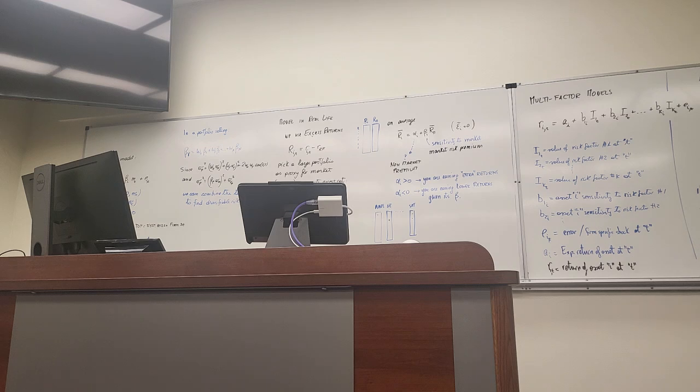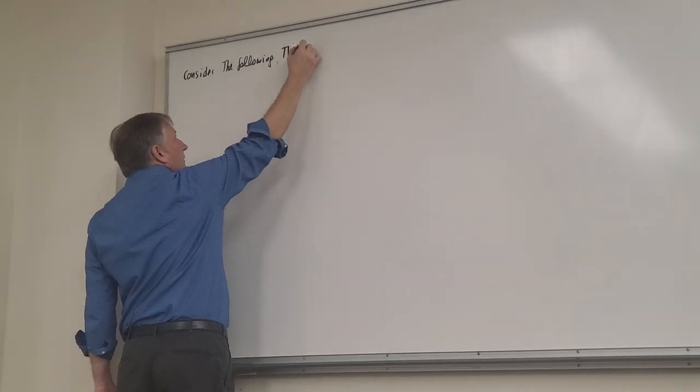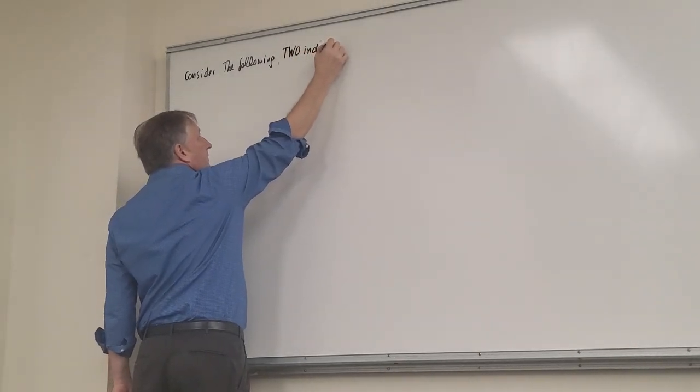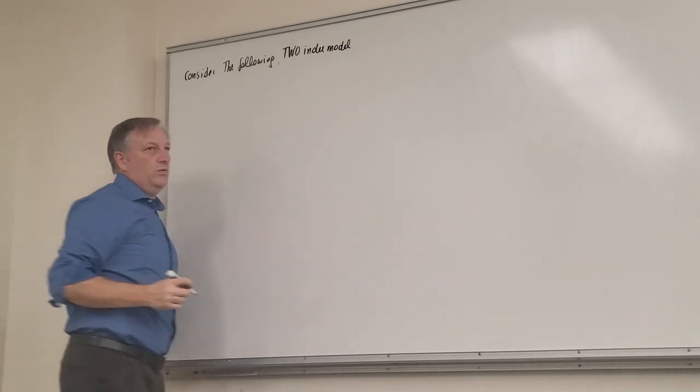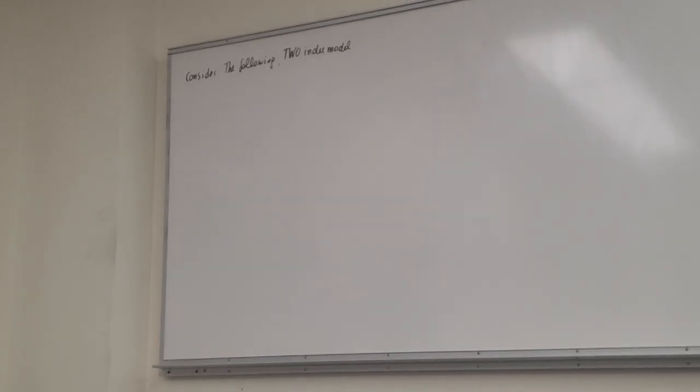So consider the following two-index model. So two-index model, what am I saying? What does it mean? Two-index model means that there are only two sources of risk, right? So for every asset, I will have to give you each of the betas.